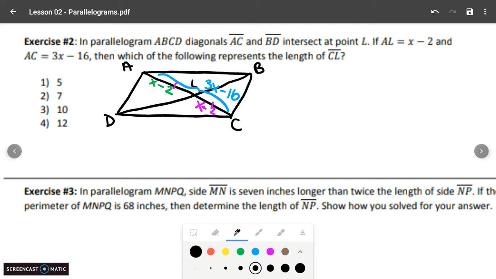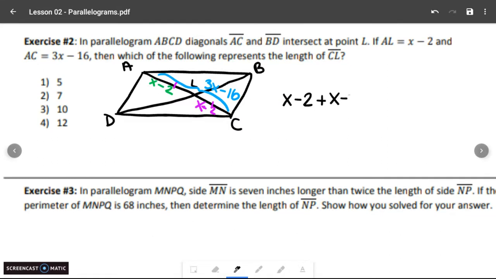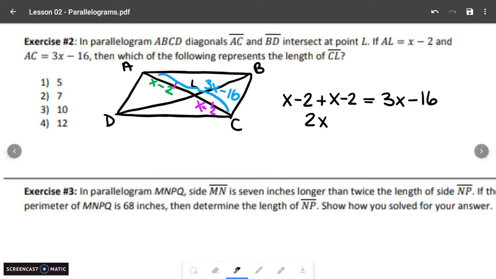So what we're going to do here to solve is take x subtract 2 plus x subtract 2 equal to 3x minus 16. And we could have also times that one by 2, whatever works better. Either way, we'll end up with 2x subtract 4 equal to 3x minus 16. And we're going to solve for x. So we'll subtract 2x from both sides, getting x.